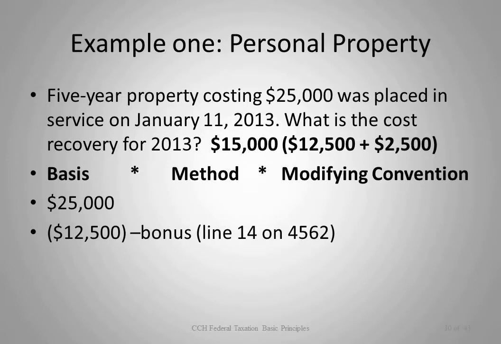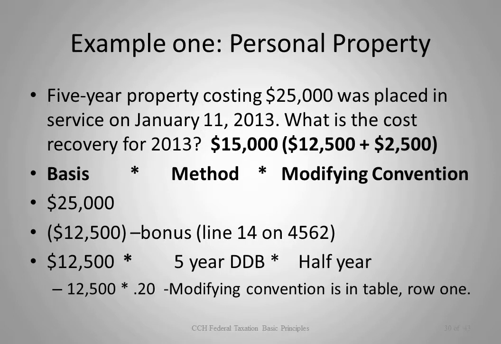So our original cost basis is $25,000, but we're going to take 50% off the top as bonus depreciation. That will show up on line 14 of the 4562, and we have to reduce our basis before moving forward. So our remaining basis for the tables is $12,500. It's 5-year, because I told you so. Double declining, because that's what I told you to use, right?